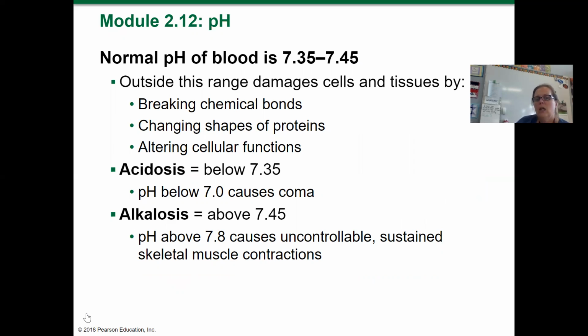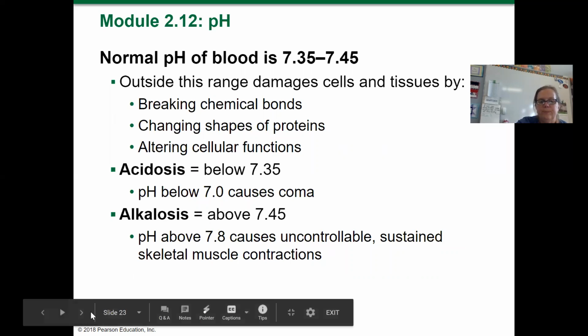And a pH below 7 can cause some serious problems like coma. And anything above 7.45 is called alkalosis. It means it's basic, and your skeletal muscles will not operate properly at that pH.